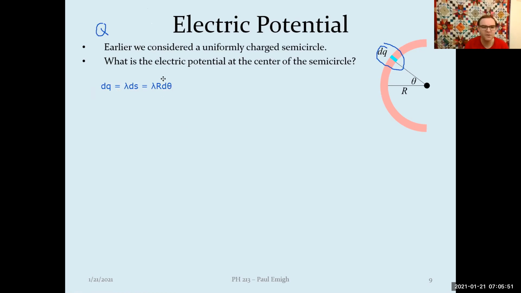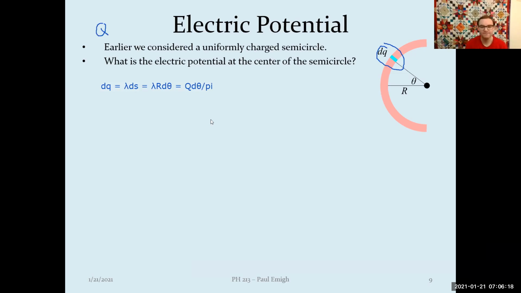Actually, I'm going to go one step farther. I'm going to go ahead and say that I know the charge density is the total charge Q divided by the total length of the wire, which is going to be pi times R. So that's actually going to cancel this R out, and then divide this by pi. And I don't know the code for pi, so I'm just going to spell it out. All right, so now I have an expression for dq.